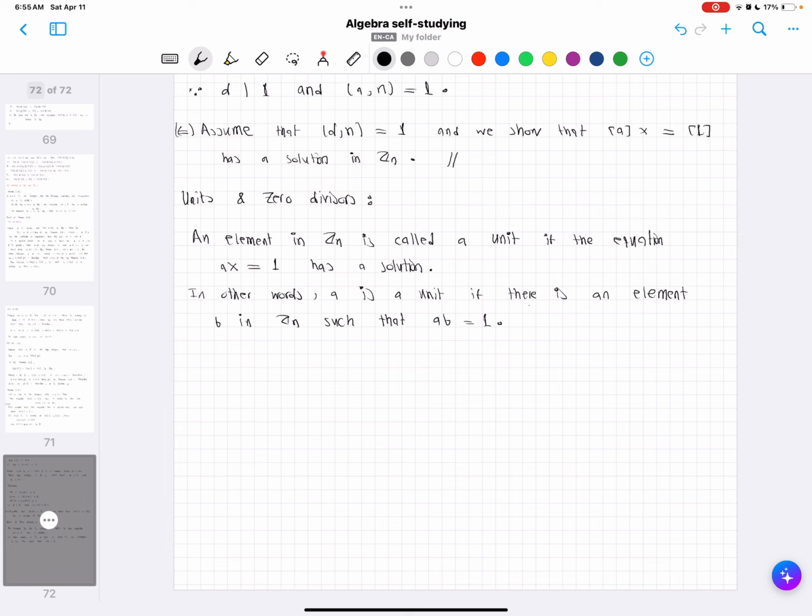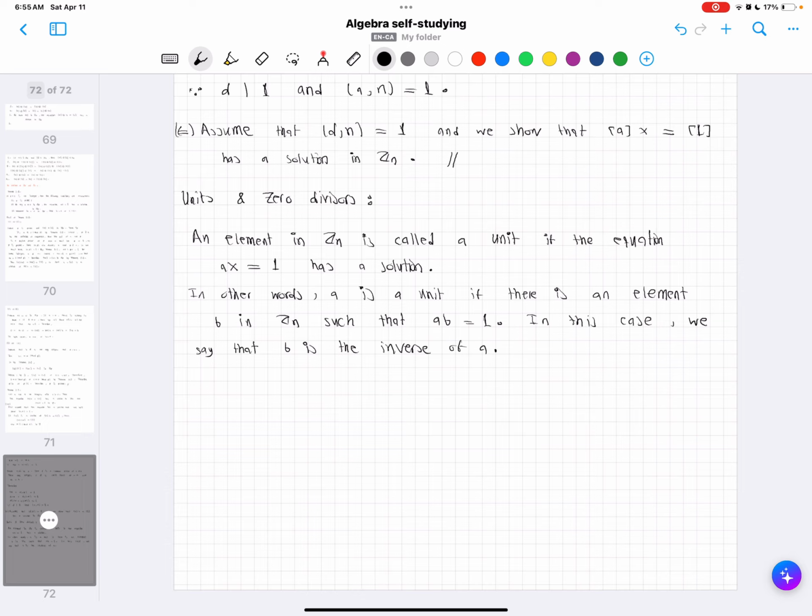In this case, we say that b is the inverse of a.